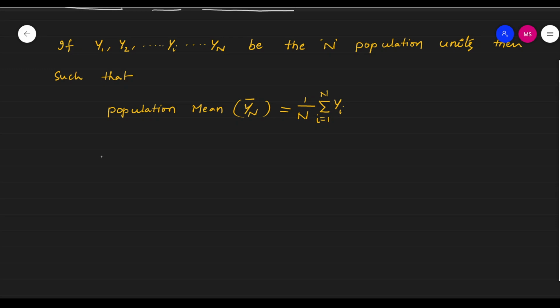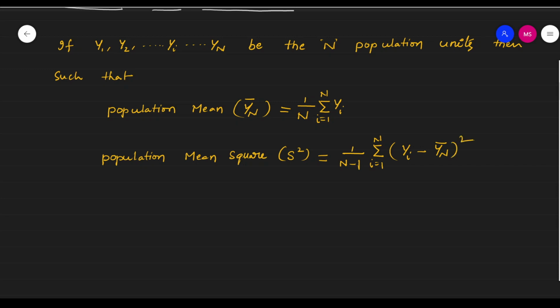The next piece of population information is the population mean square. The second formula is the population mean square, denoted by capital S square. What is the formula? Very simple: 1 by capital N minus 1, summation i running from 1 to capital N, Yi minus Y N bar whole square.